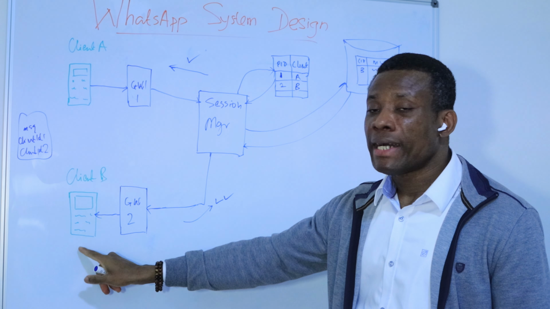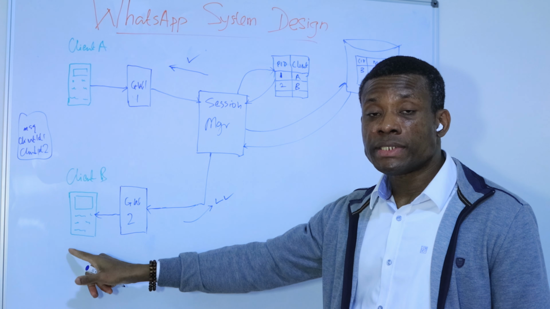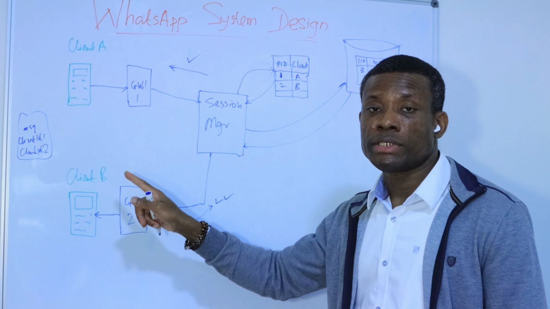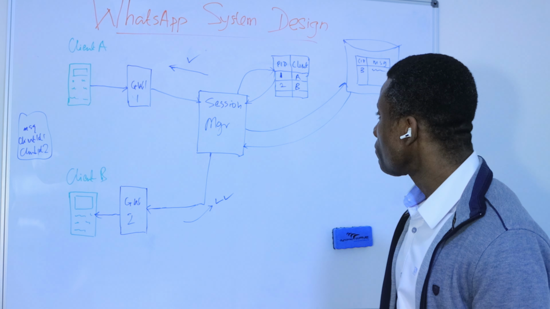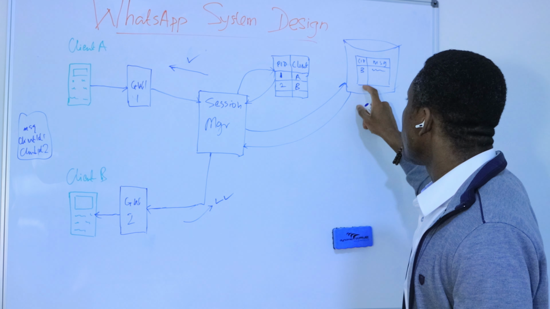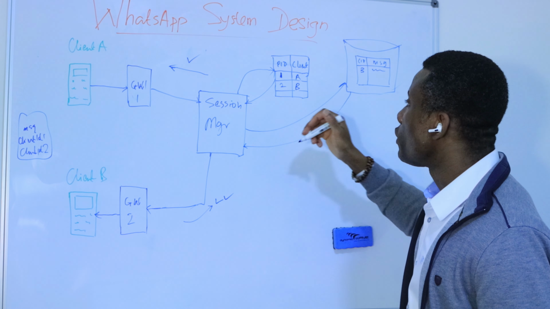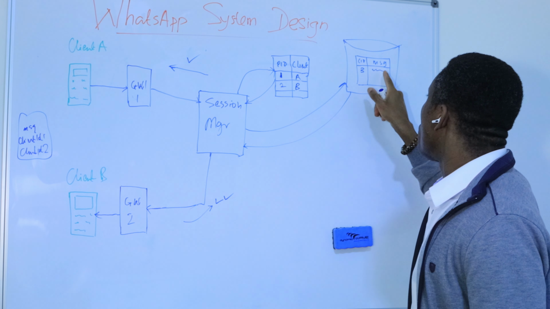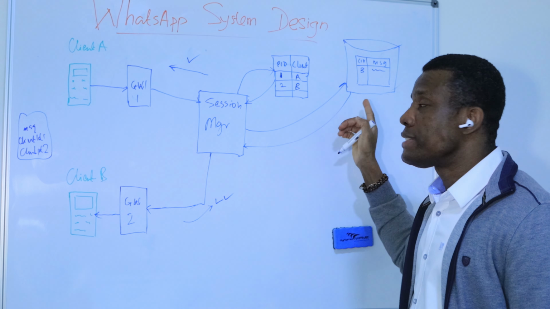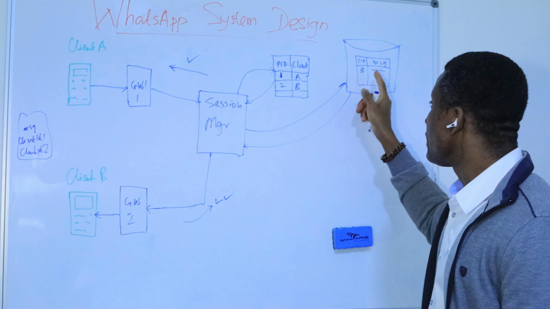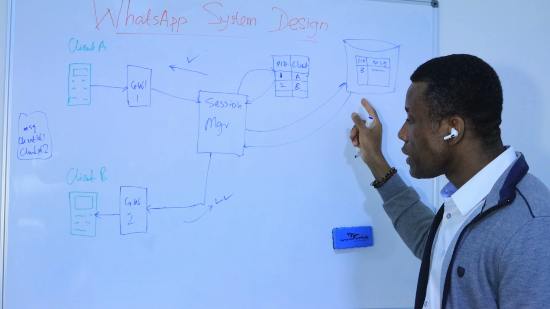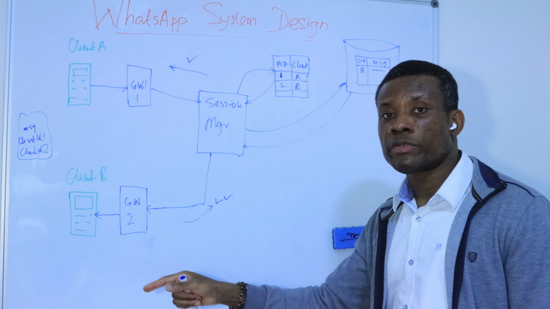And if the user, this client here, opens and reads this message, gateway 2 is notified and a read receipt is sent. If the message is stuck in this place, then we can only have a send receipt. Once the message is pulled out from the pending message database or table and sent, we now have a delivery receipt.